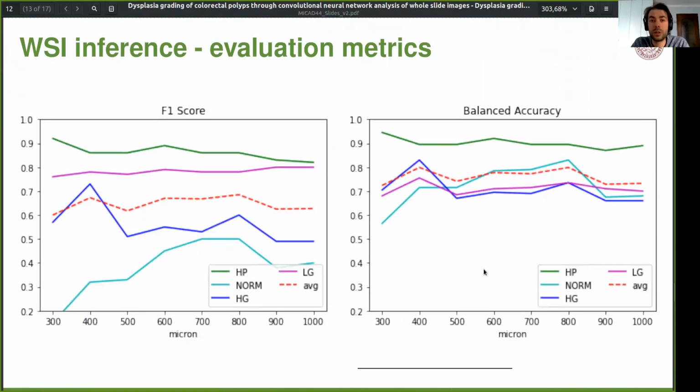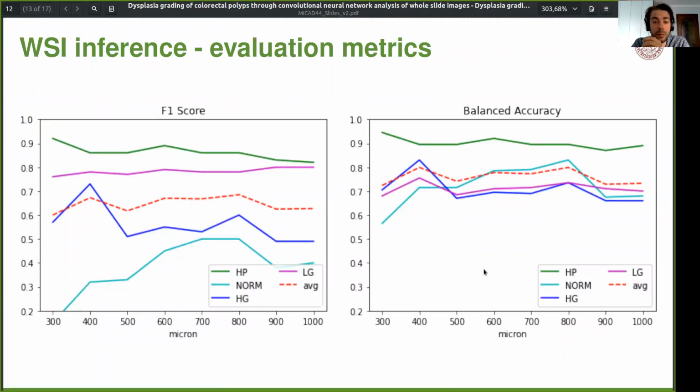Now I would like to show you some metrics, F1 score and balanced accuracy. In these graphs, each line is a different class, so we can see the score for each class separately. We can see how for some classes like normal tissue, if we enlarge the physical resolution of the patches, we have higher accuracy.